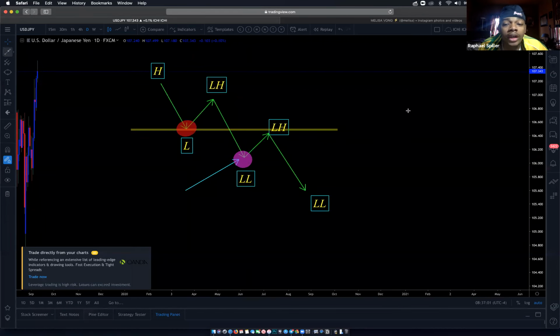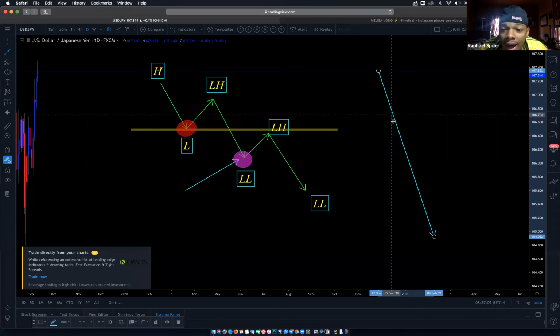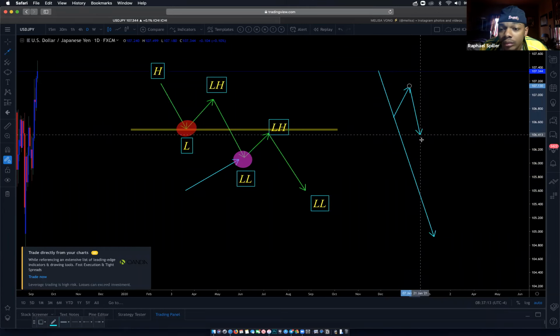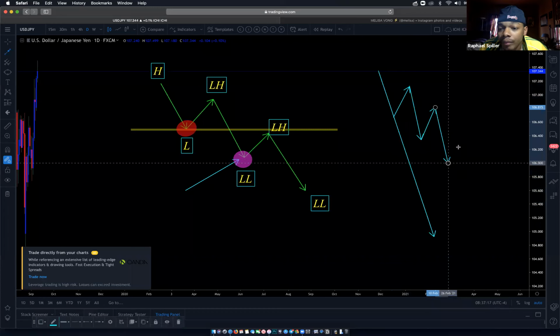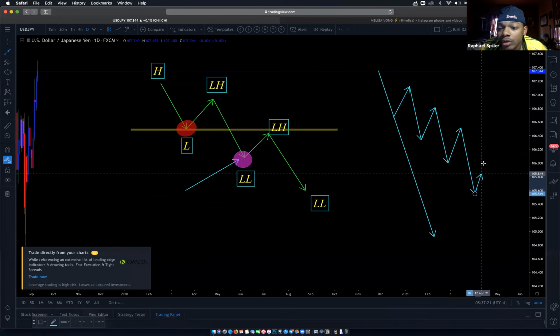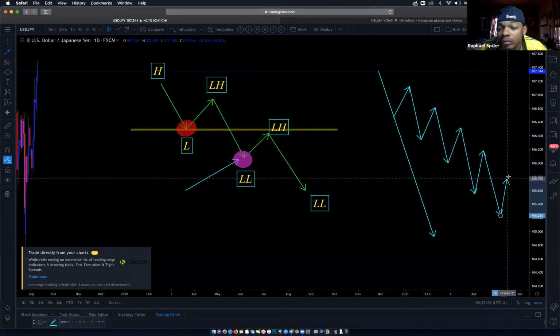But the market doesn't just drop all the way down. It doesn't go straight down. It doesn't impulse all the way down. The market has to come back and create pullbacks or retracements before it continues in that direction. Does that make sense?